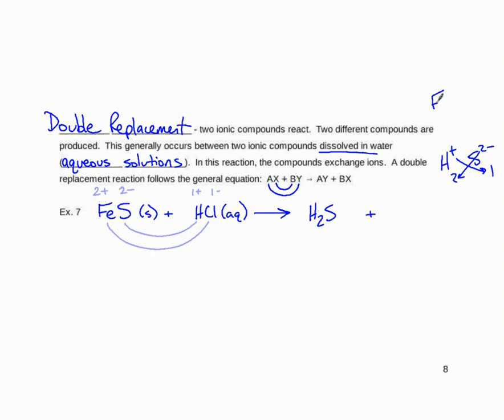So we have iron 2 and chloride, FeCl2. So what I'm going to do for now, I'll put the states in. We can talk about these later. H2S, going to be a gas, and the iron chloride's aqueous.